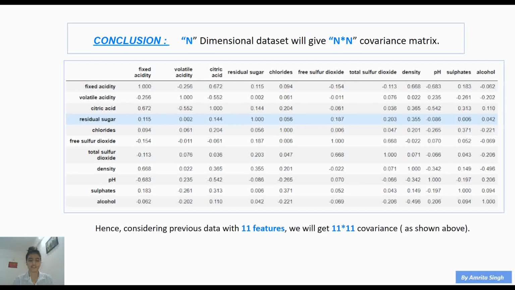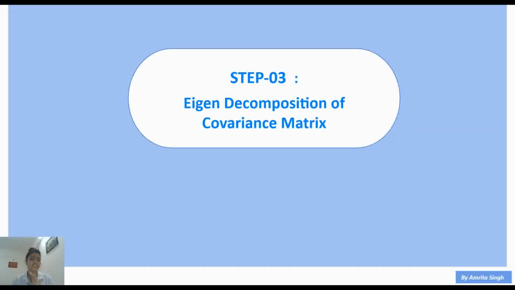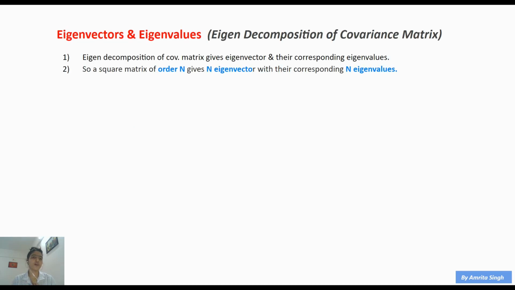So here is a snapshot of the same data set instance for which we already generated the covariance matrix in the previous step, and now we'll go for eigen decomposition of the same. If you remember, in earlier slides I was talking about the principal component having eigenvectors and eigenvalues.